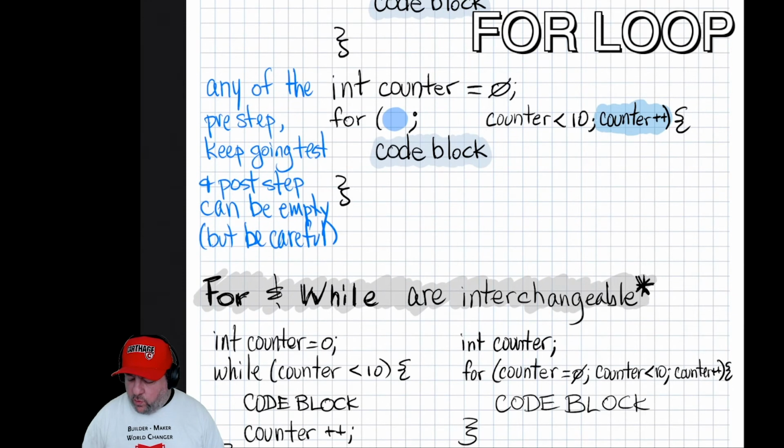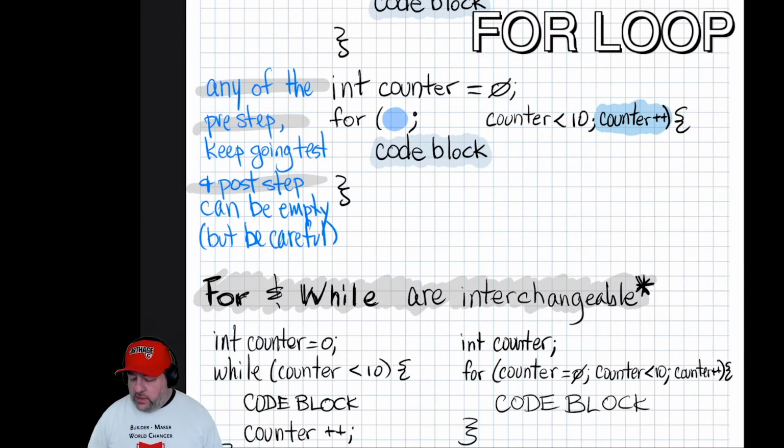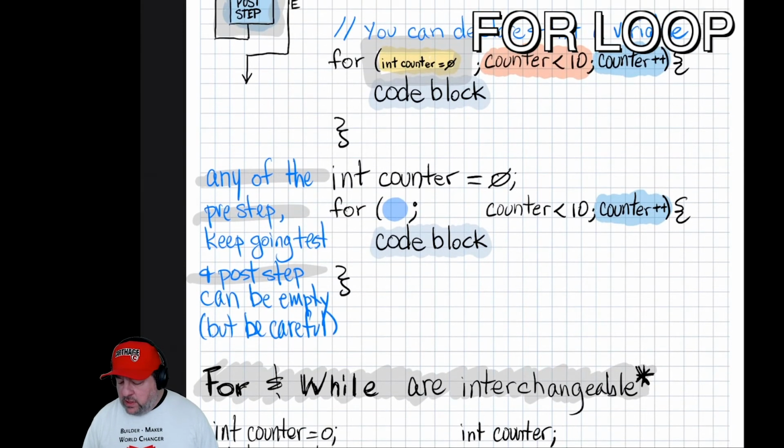I mentioned before that any of the pre-step, keep going test, or post-step can be empty, but be careful. You need to make sure you know what you're doing. So for instance, the integer counter was declared and initialized before the loop. Therefore, there was really nothing I needed to do here, and the for loop can be written with the pre-step blank.